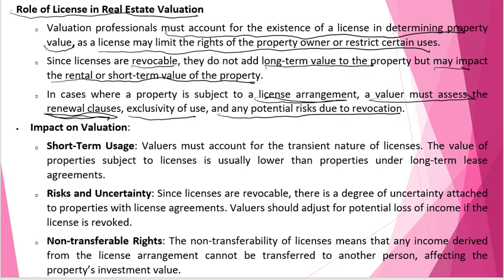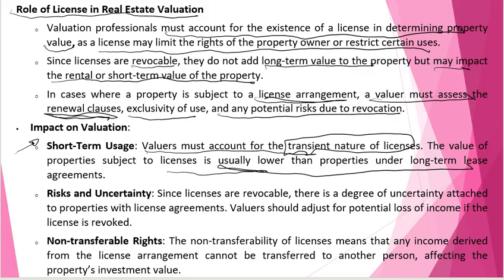So, how does it impact? First thing, as we have already discussed, short-term uses. As a lease is generally for long-term uses, these licenses are mostly for short-term uses. So values must account for the transient nature of the license. The value of the property subject to license is usually lower than the property under a long-term lease agreement.